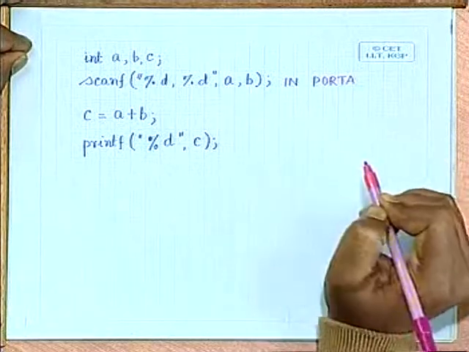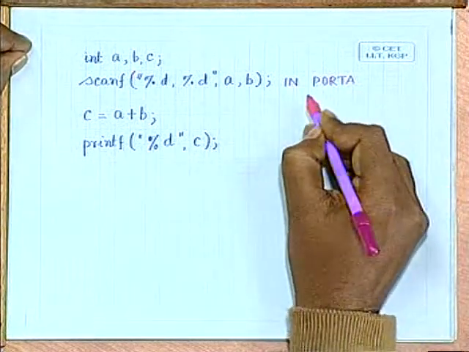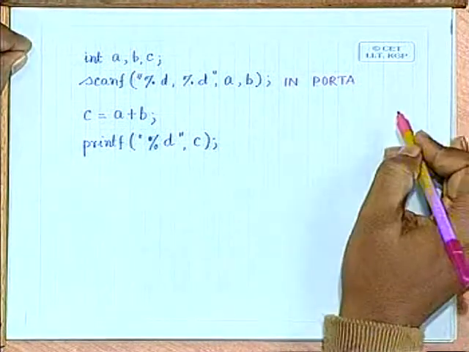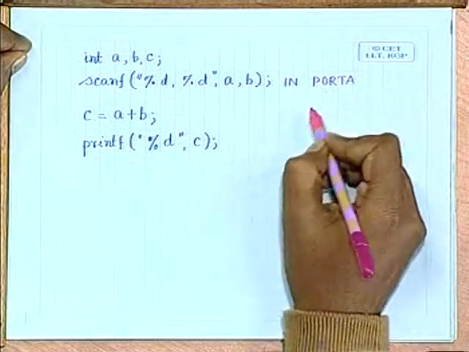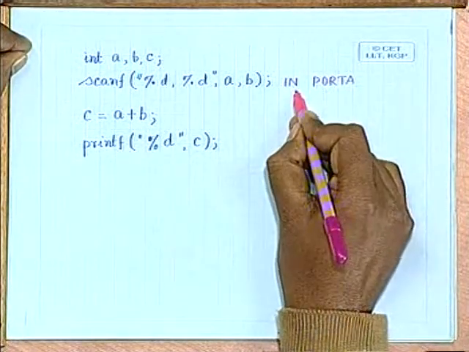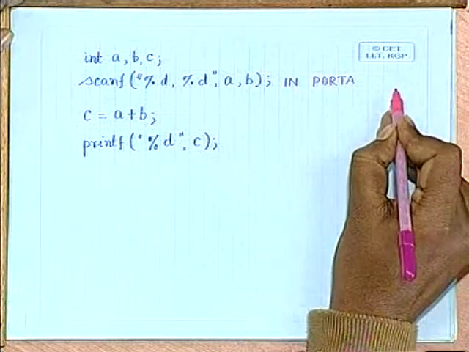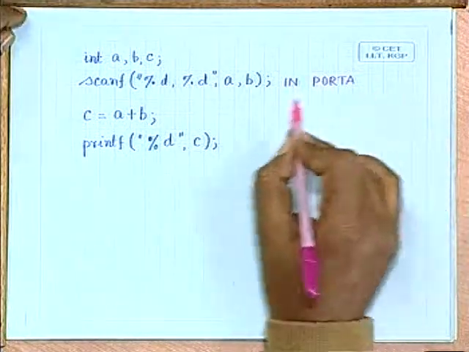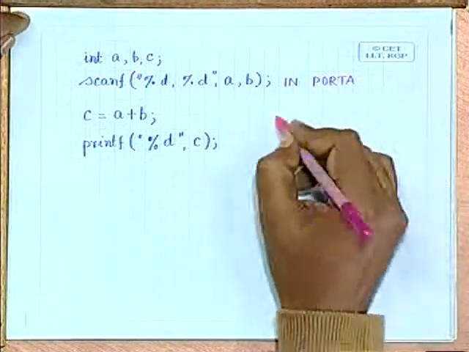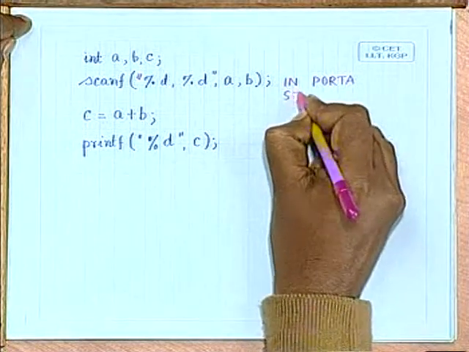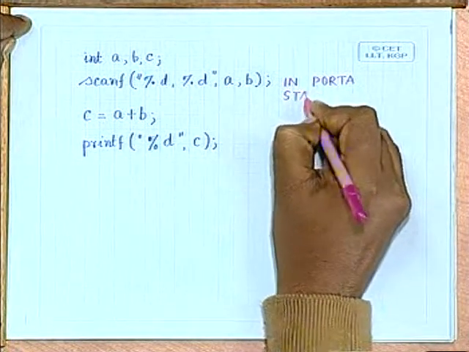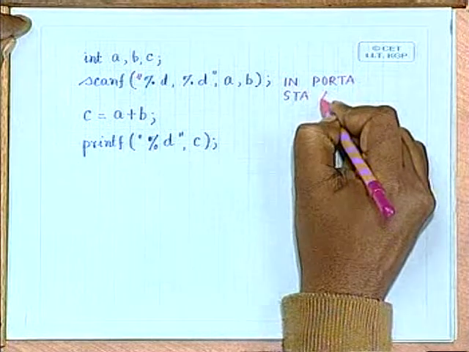What this register is will come later on, or this register is usually called the accumulator of the CPU. Once the data comes to the accumulator, then from the accumulator the data is stored in the location which is assigned to variable A. So, after reading in the data, this data will be stored in the location assigned to the variable A.